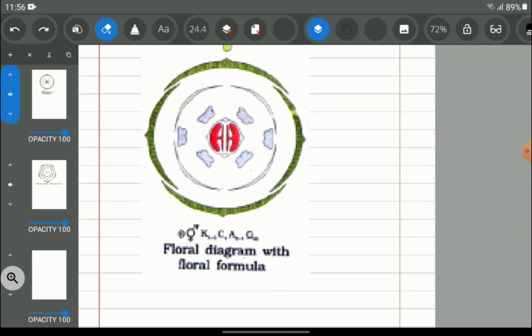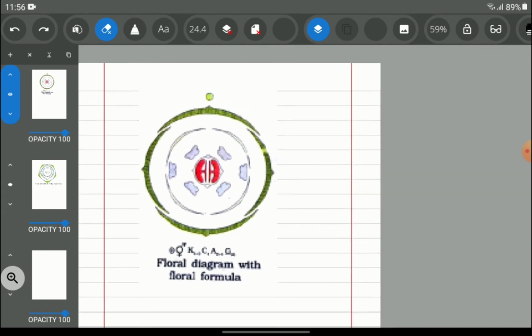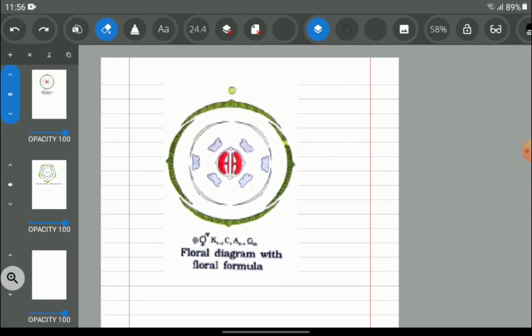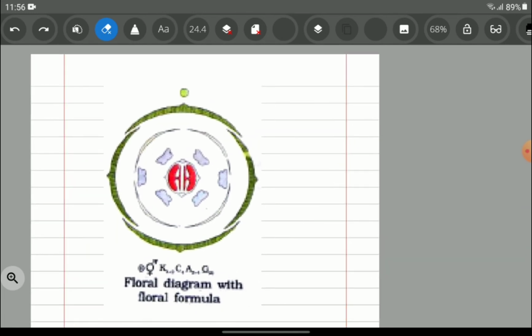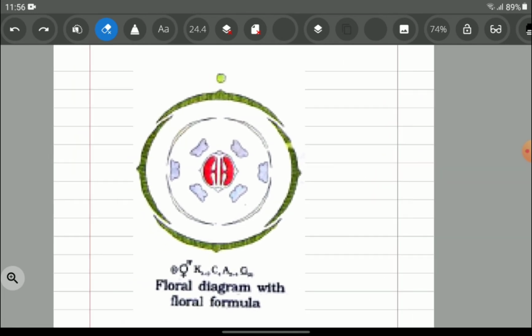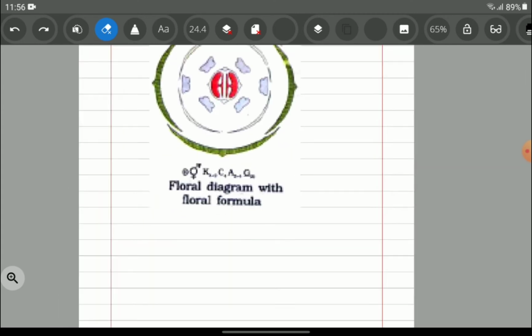How will you write the floral formula and the floral diagram? Sorry for this kind of image, I could not get a clear one. So over here you can see a diagram and also a floral formula. If you can't see the floral formula, I'll write it once again below the diagram. Shall I write it first?